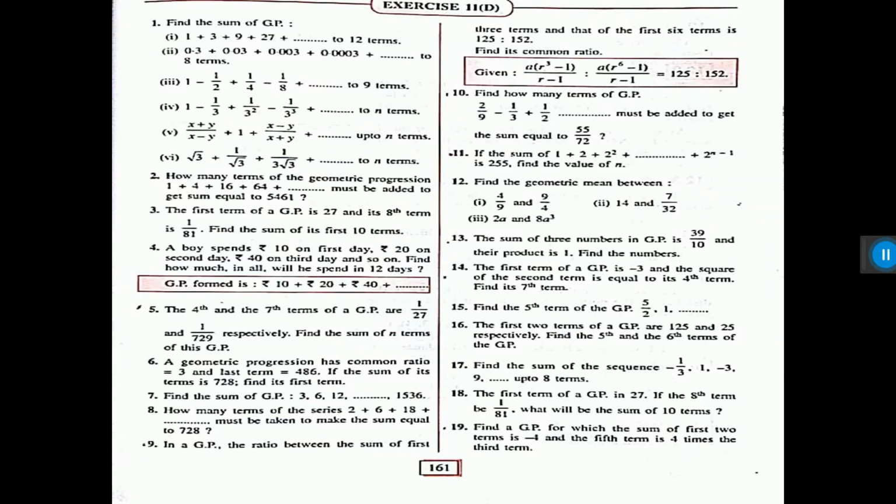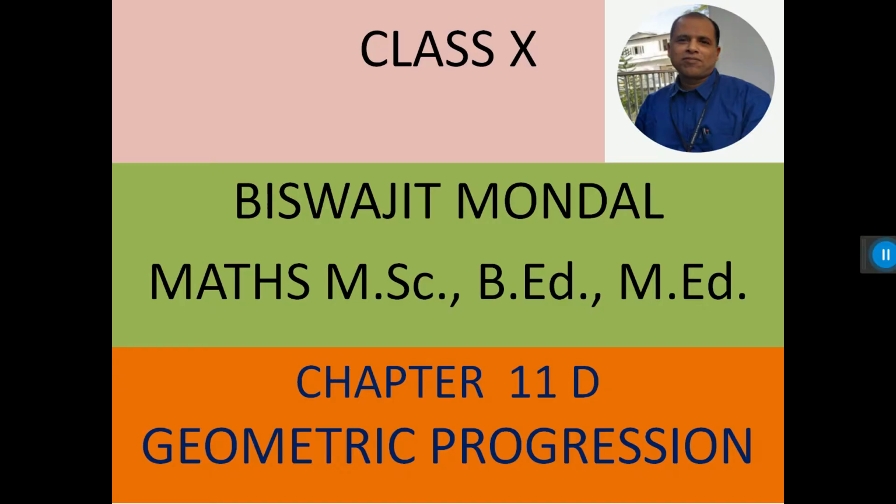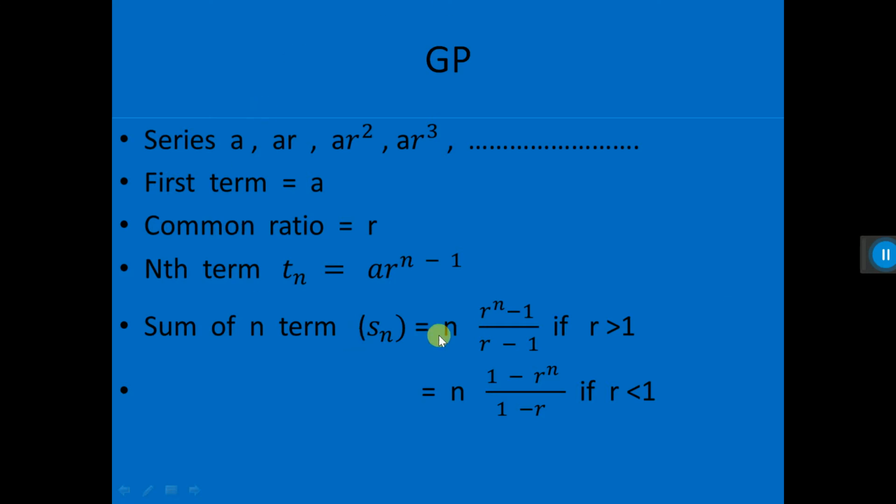See, these are the formulas, already given to you. Today mainly I will use the sum formula. Sn equals a into r to the power n minus 1 by r minus 1, if r is greater than 1.